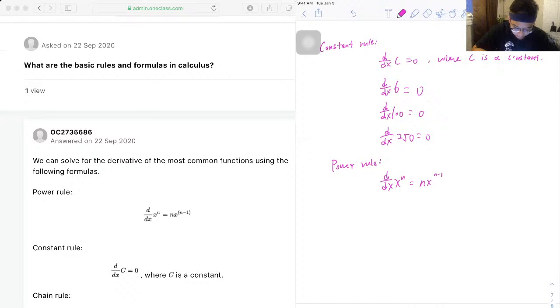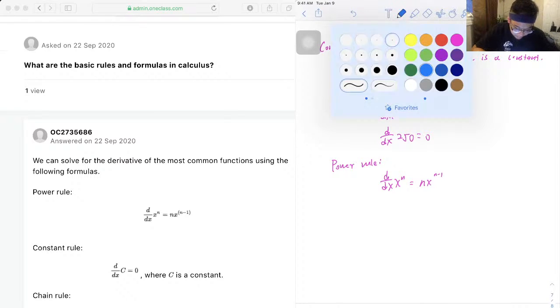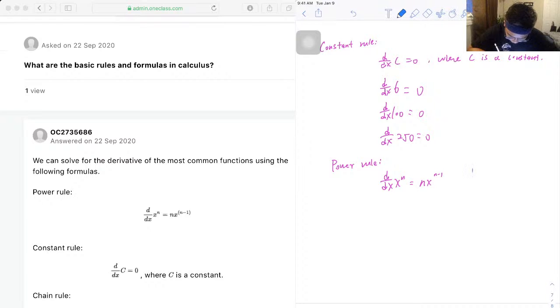So that's sort of a two-step process. First, we move n in front of x. Second, we subtract 1 from our original exponent.